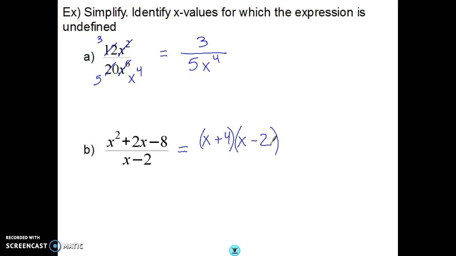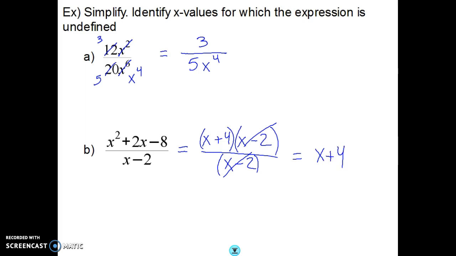If you distribute that back out, you'll get the same thing we started with. The bottom does not factor, it's just x minus 2. But now we can see that x minus 2 over x minus 2 cancels out, which means all we have left is x plus 4.